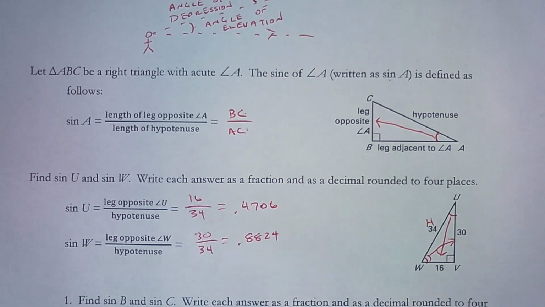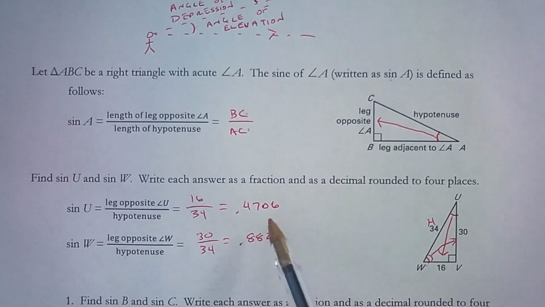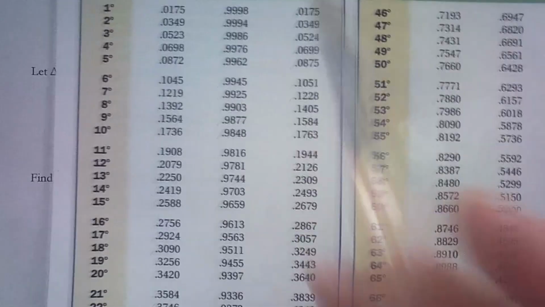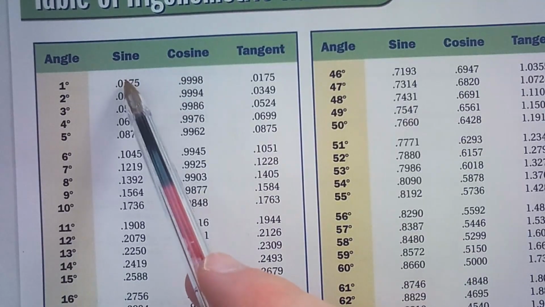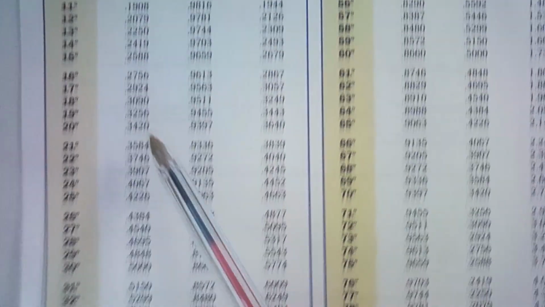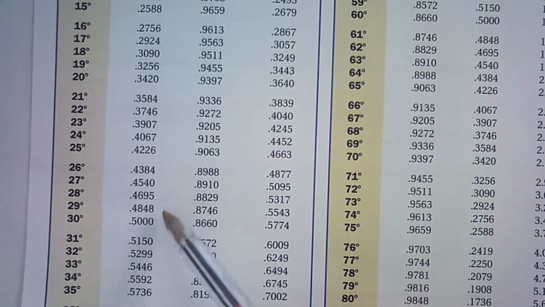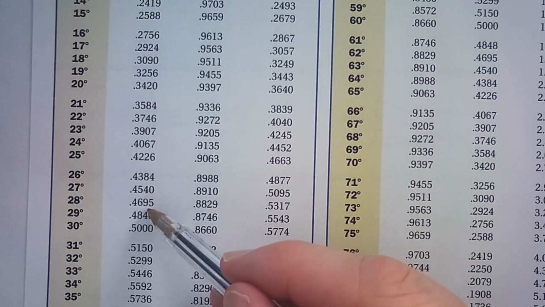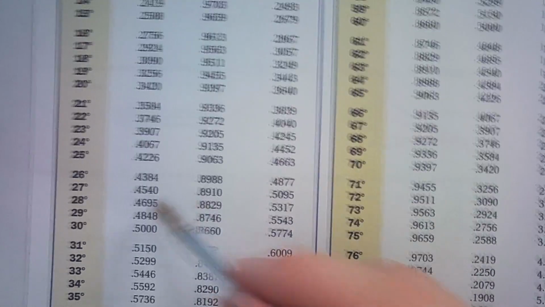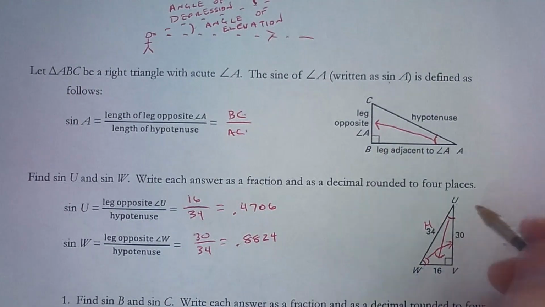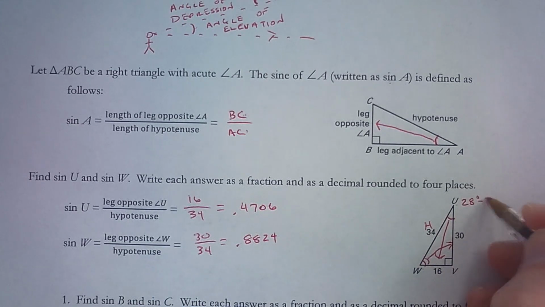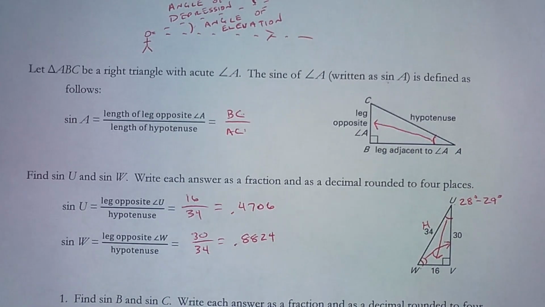All right, now let's use our table of trigonometric ratios to give approximate angle measures for U and W. For angle U, the sine value is 0.4706. So under sine, I'm going to find 0.4706, and that comes right in here between 28 and 29 degrees. So angle U is somewhere between 28 degrees and 29 degrees.